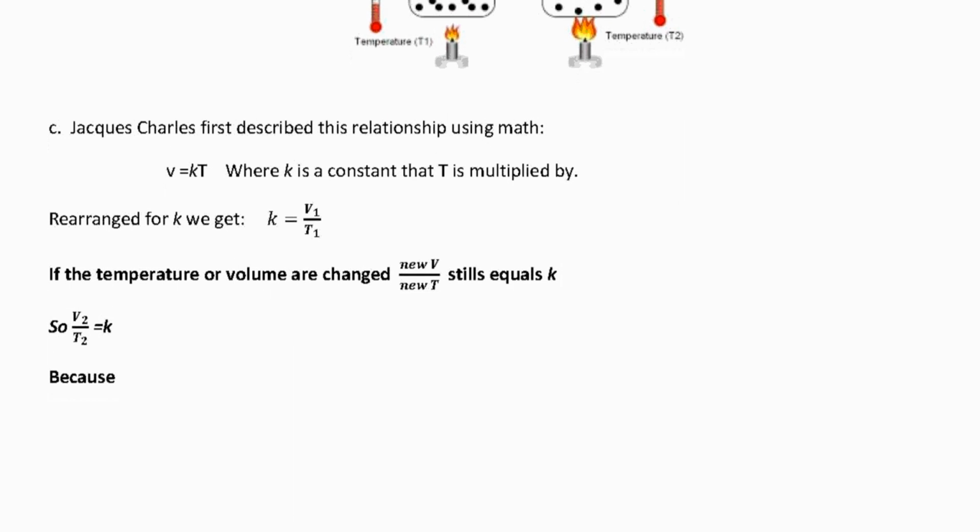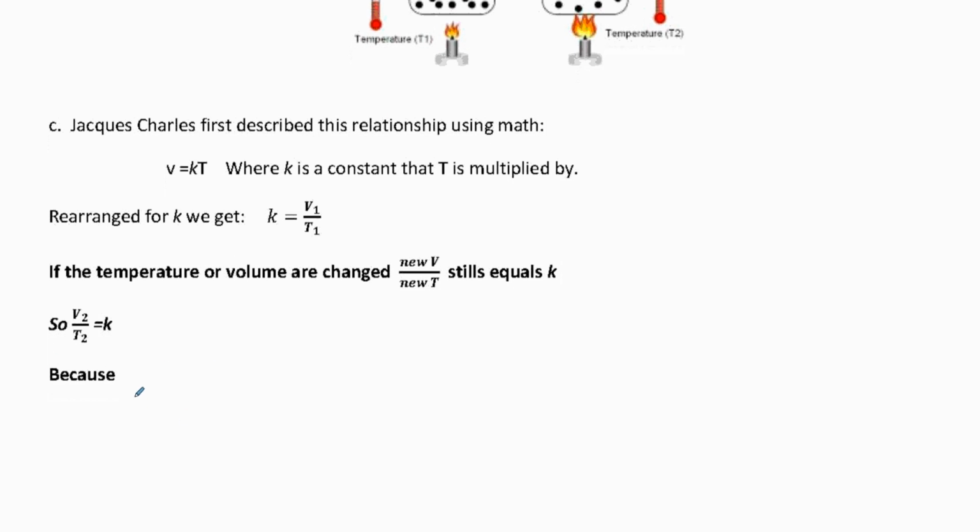Because of that, if K equals V1 divided by T1, and K also equals V2 divided by T2, then, therefore, we can set these two equal to one another.